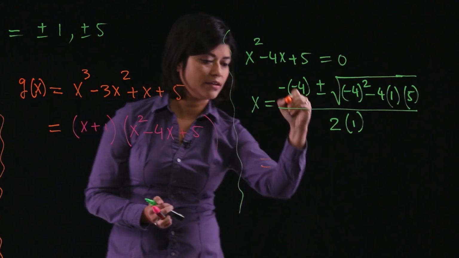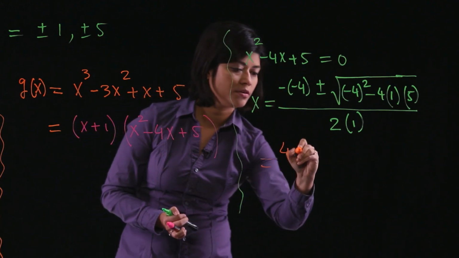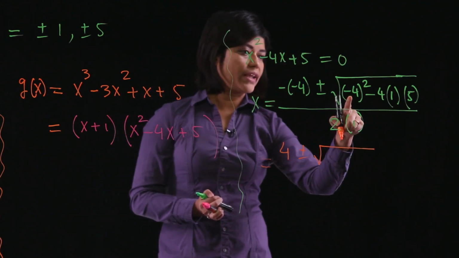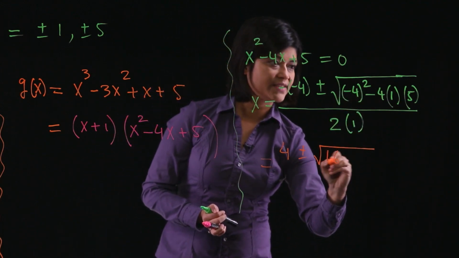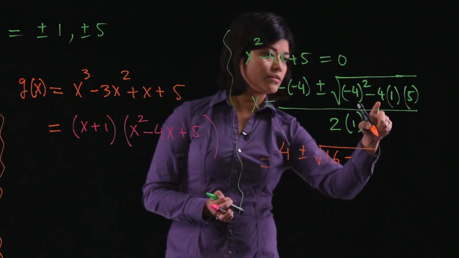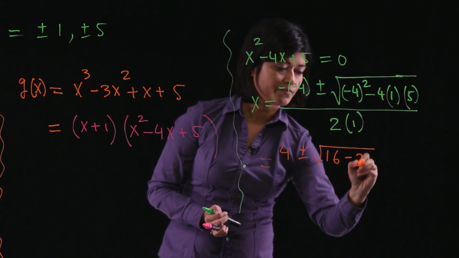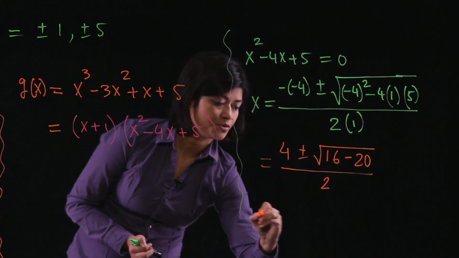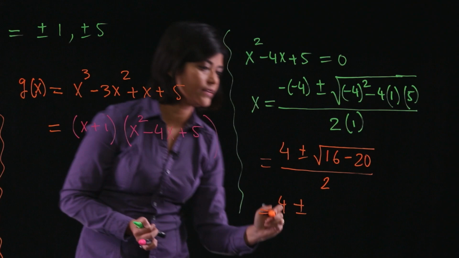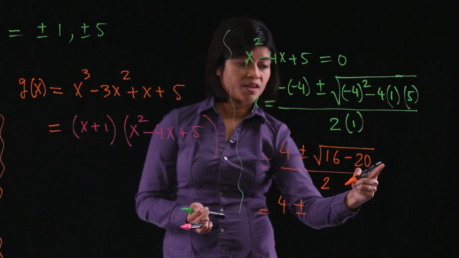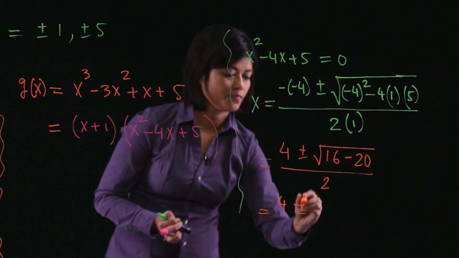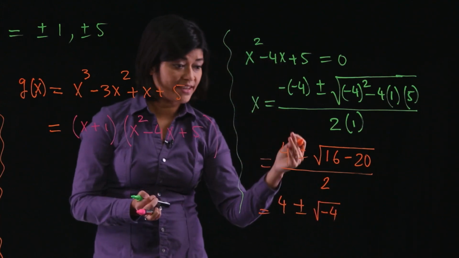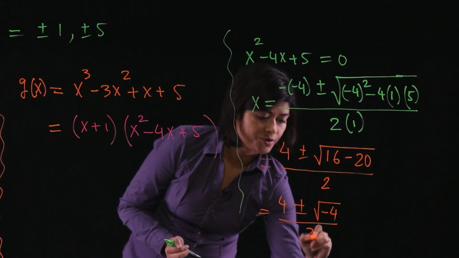So let's simplify. We have positive 4 plus minus the square root. Okay, so this is negative 4 squared, so that's positive 16 minus 4 times 5, that's 20, divided by 2. That's equal to 4 plus or minus the square root of 16 minus 20, so that's negative 4, and that negative 4 is inside the square root, divided by 2.